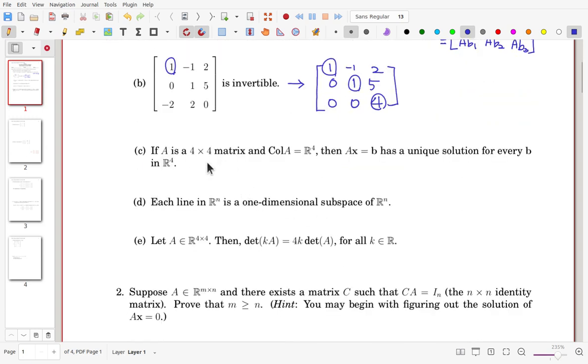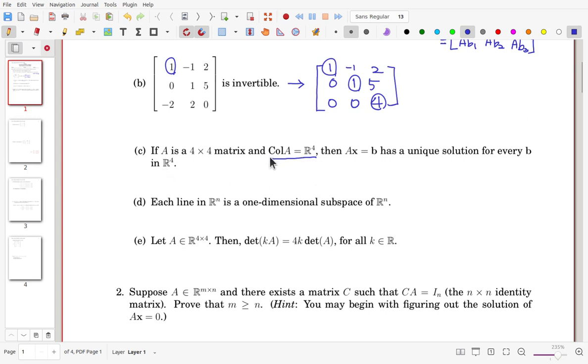If A is a 4 by 4 matrix and the column space of A is the same as R4, the whole R4, then Ax equals b has a unique solution for every b in R4.